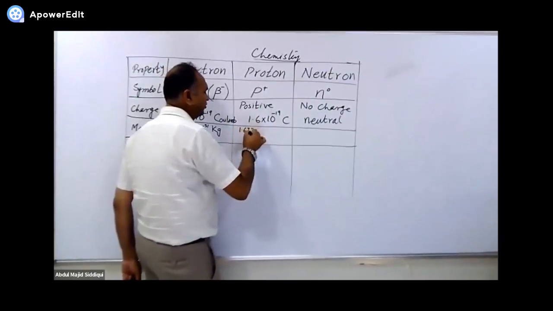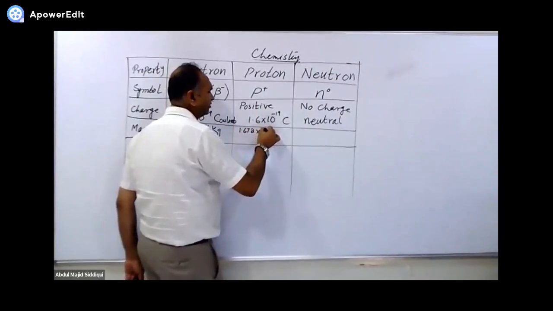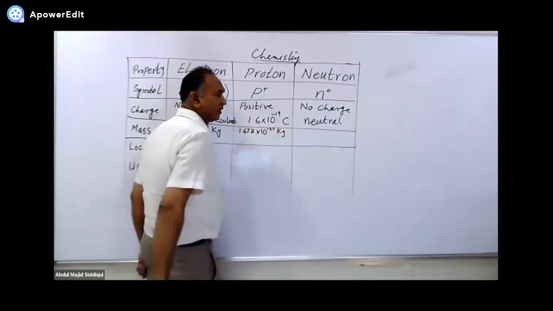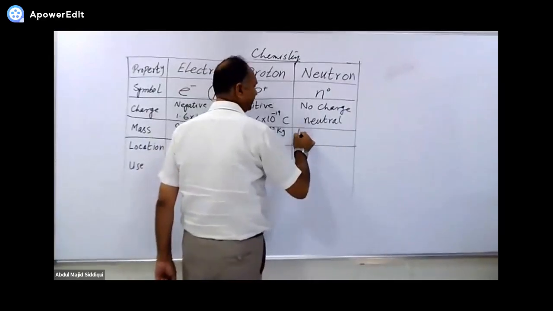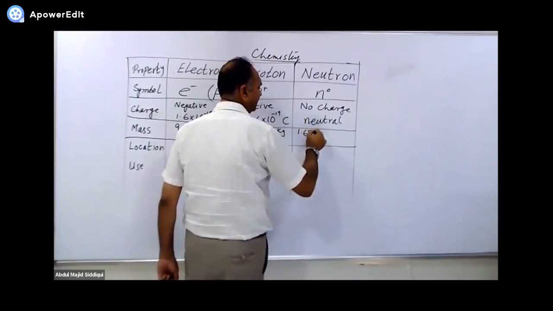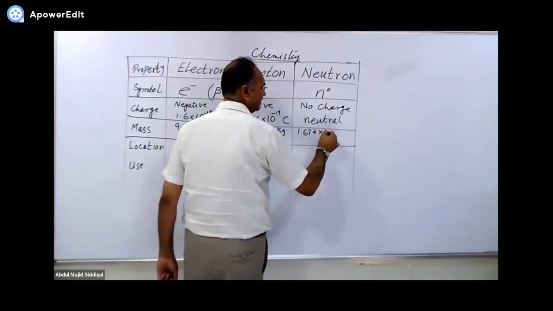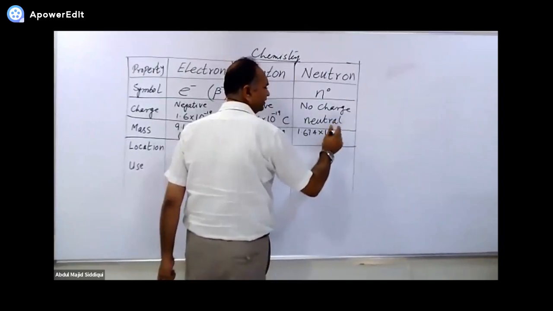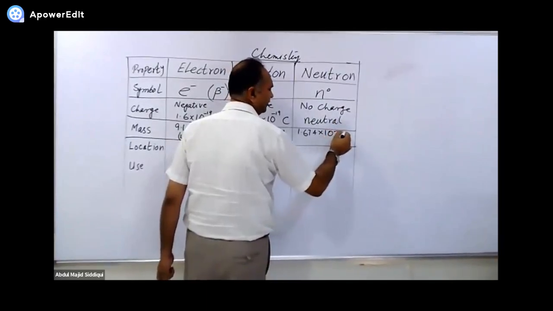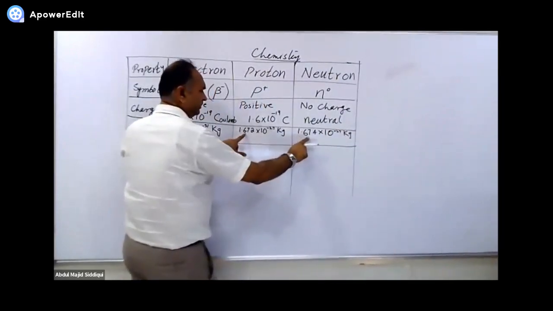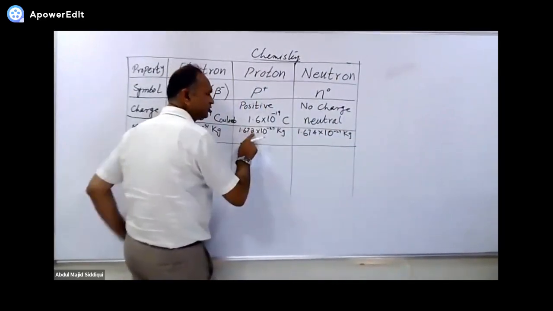And what is the mass of a single neutron? There is no space science, rocket science in it. These are just their masses. You will have to memorize that this is the mass of neutron, this is the mass of proton. 1.67, here we have 2, here we have 4.